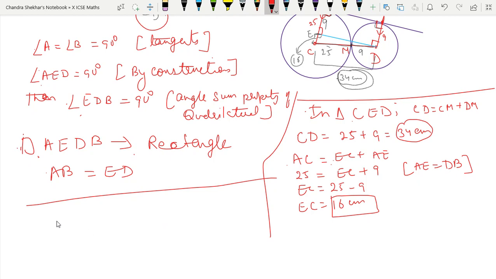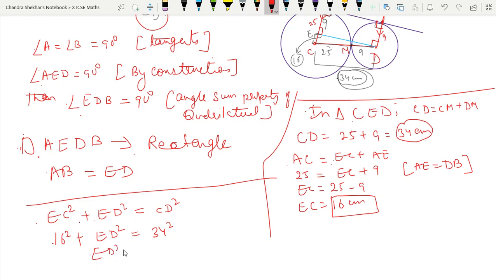So using Pythagoras theorem, we can write EC square plus ED square is equal to CD square. EC is 16, so 16 square plus ED square, ED is to be found out, is equal to CD, which is 34 square.